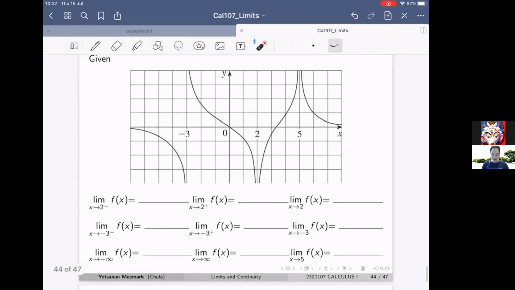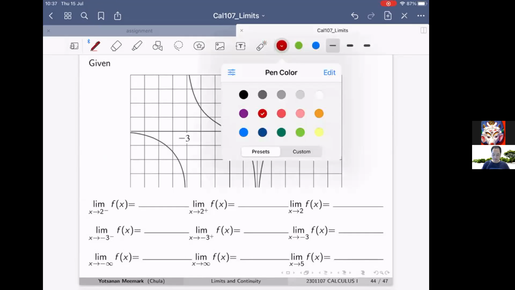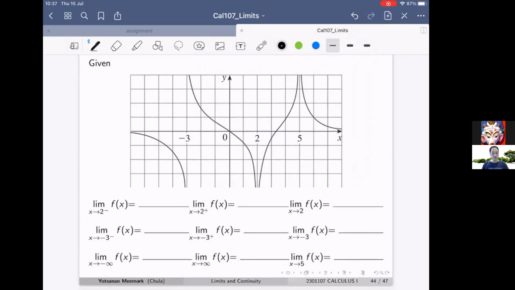Oh, but before we go to that kind of checking, just roughly using the graph to check your understanding first. From the graph, you actually already know how to find the limits. For example, if your x goes to 2 on the left, your function value keeps going down without bound, so it goes to negative infinity.